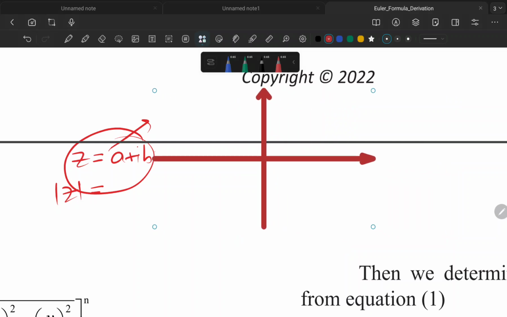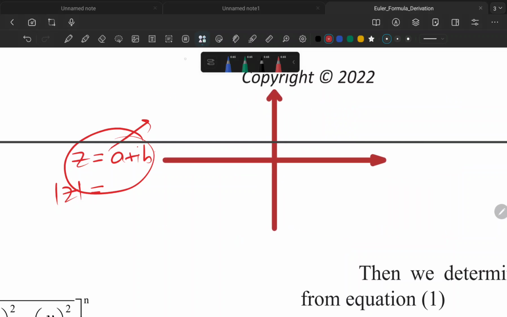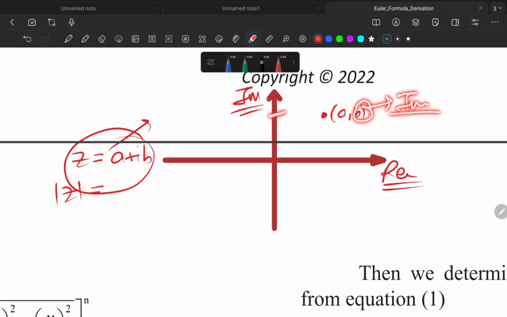This is what we are talking about, and this is the imaginary axis, and this is the real axis. So a plus ib represents the point (a, b).